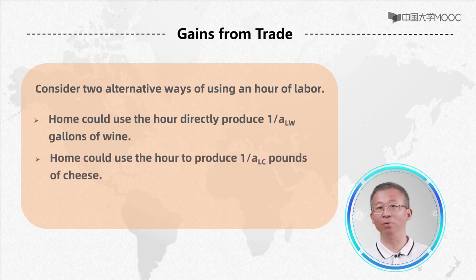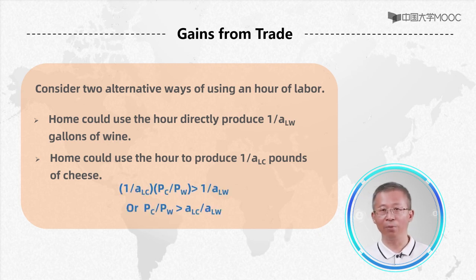Alternatively, home could use the hour to produce 1 over aLC pounds of cheese. This cheese can then be traded for wine, with each pound trading for PC over PW gallons. So the original hour of labor yields 1 over aLC times PC over PW gallons of wine.